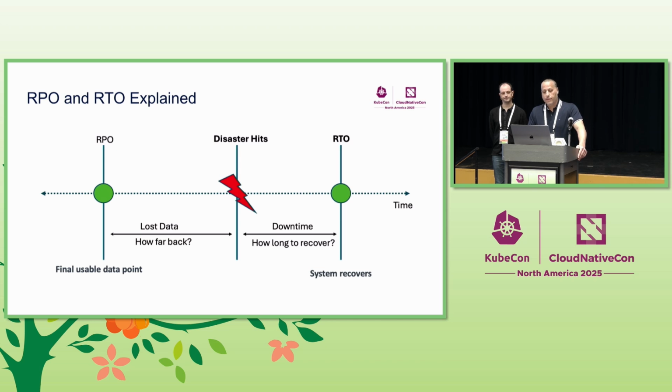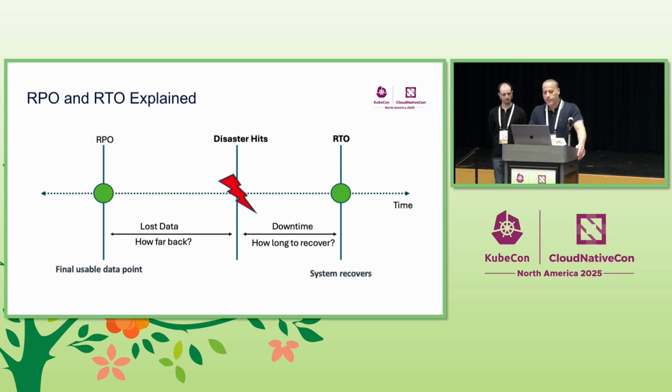So in this diagram right here, you have RPO and RTO on both ends, and disaster hits in the middle. The green circle in the RPO line is when the last successful sync happened. That's the last time the application was able to write to storage, and it gets synced to the other side, where we need to recover data.